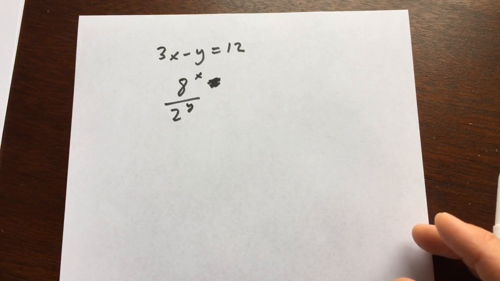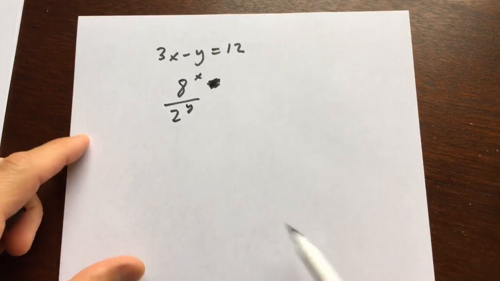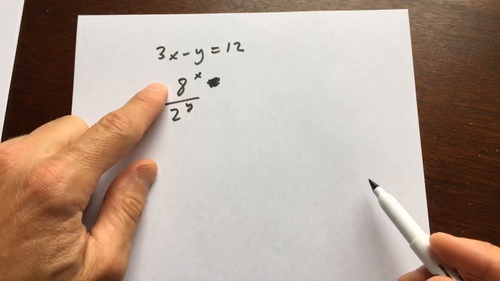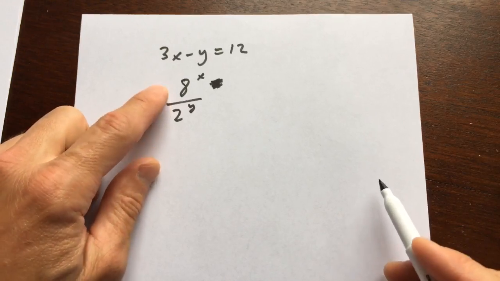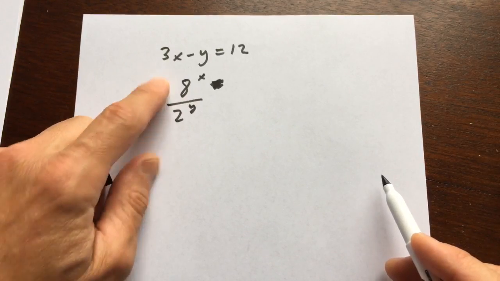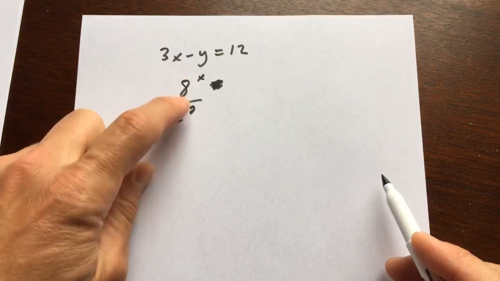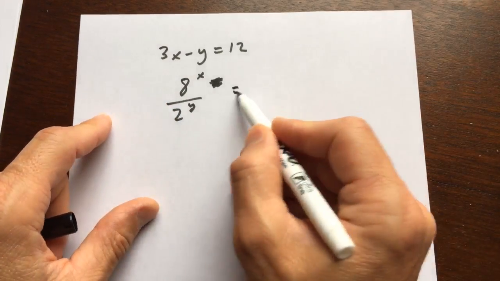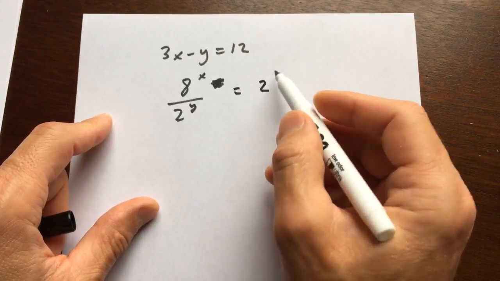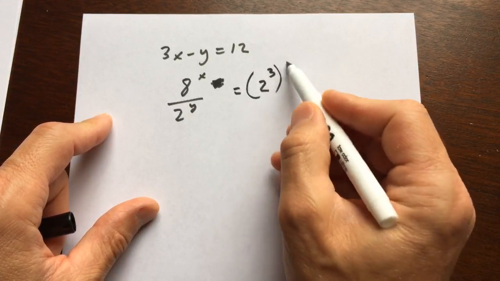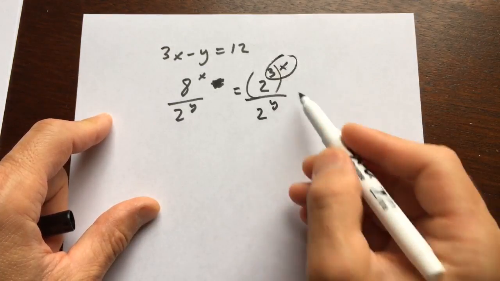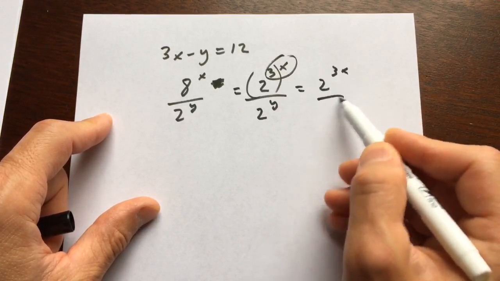Yeah, that's right, Kalechi. Just in general, this is just testing you on the rules of exponents. If the bases are the same and you're dividing, then you subtract the exponents. Bob's saying just write 8 as 2 cubed, and then power to power you multiply, so that's going to be 2 to the 3x.